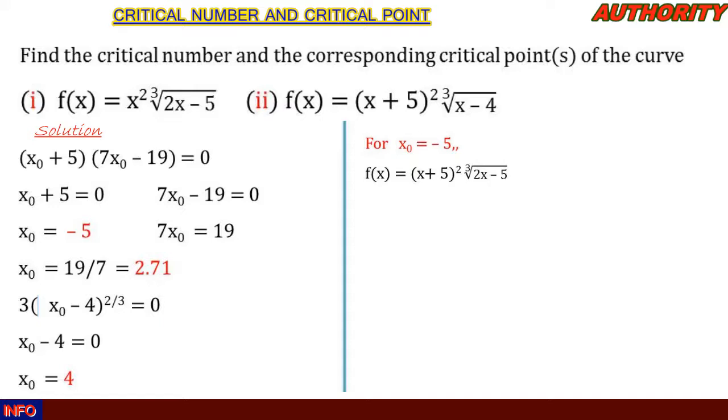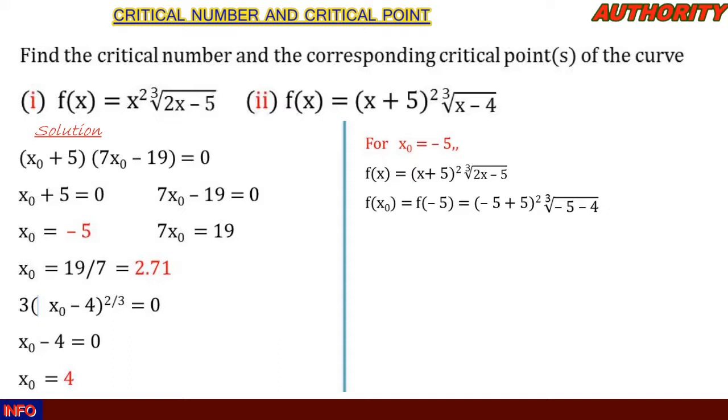We're going to plug in minus 5 in this function: f of minus 5 equals (minus 5 plus 5) squared times the cubic root of (minus 5 minus 4).